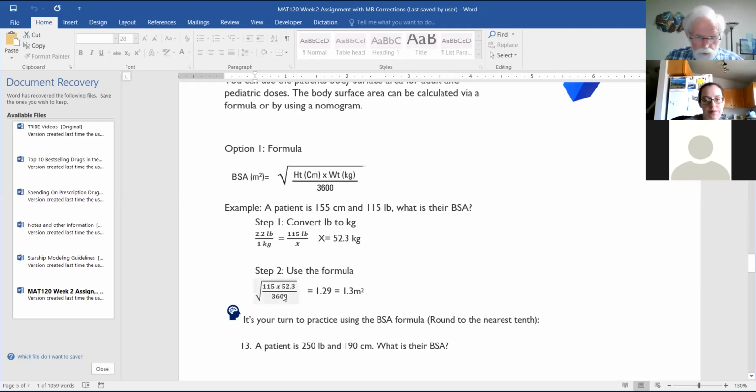So then we use this formula, 155 times 52.3 divided by 3,600, and we get 1.3. We can round the number off. 1.29 and 1.3 are close enough. Okay, so how do we do that? So I'm going to bring up my calculator, and I'll put that on screen in a minute.